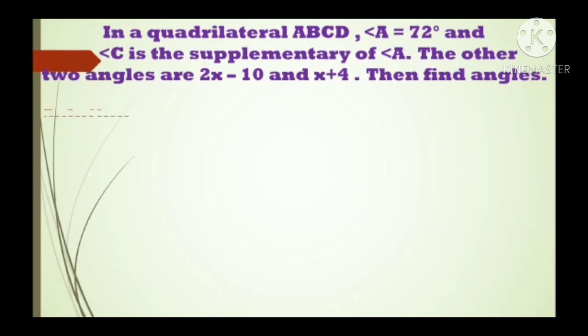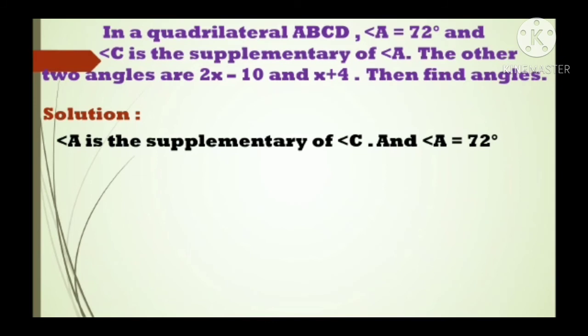Okay guys. Yes. Solution. Angle A is the supplementary of angle C and angle A equal to 72 degrees is given here. So that implies angle A plus angle C equal to 180 degrees.